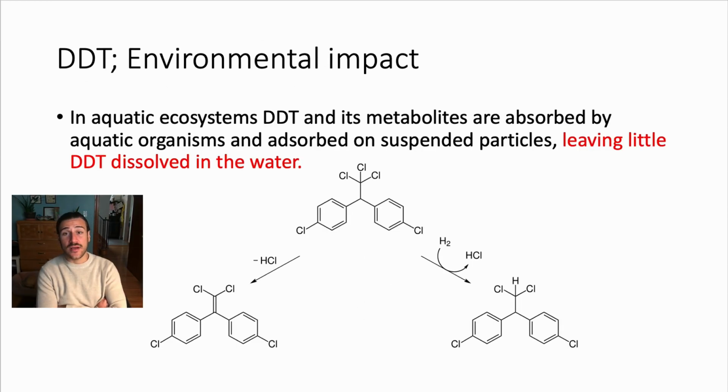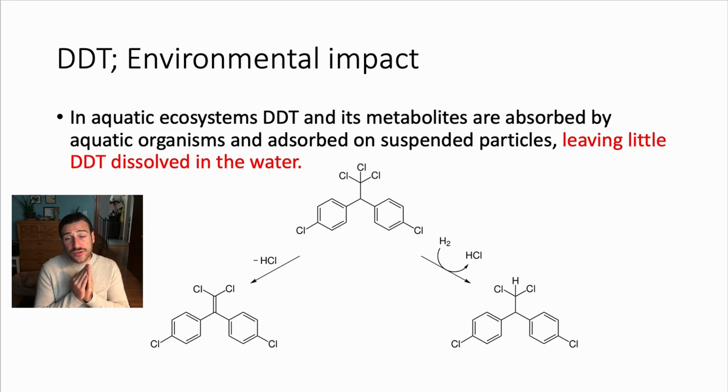In aquatic ecosystems, DDT and its metabolites are absorbed readily by aquatic organisms because they work their way onto suspended particles. Those particles, tiny animals eat those particles, and larger animals eat those tiny animals, and it radiates up these food webs.